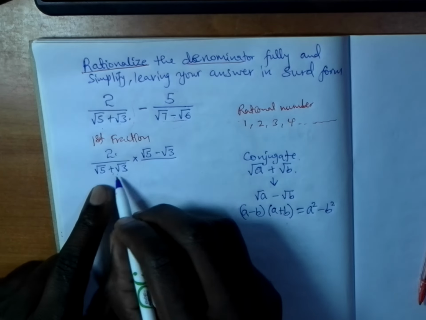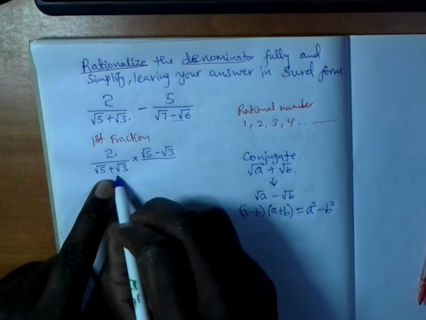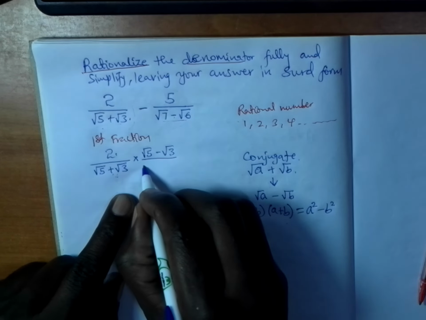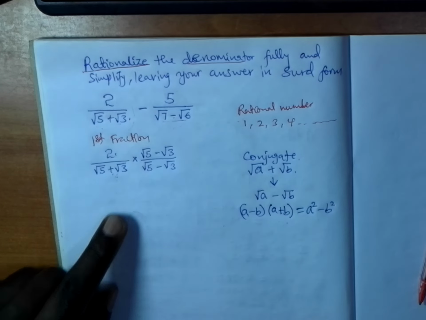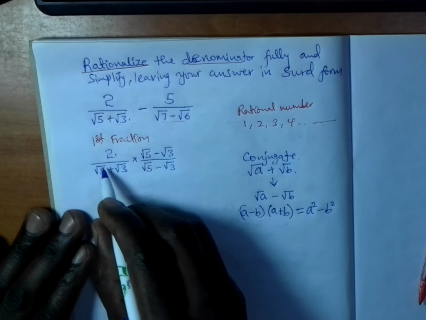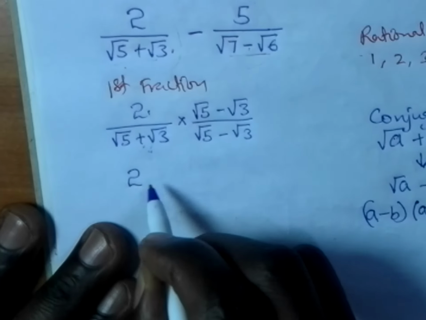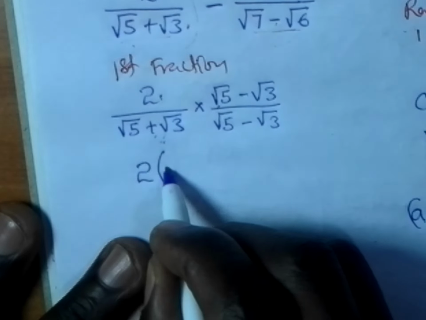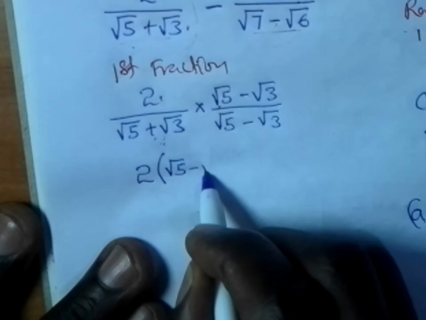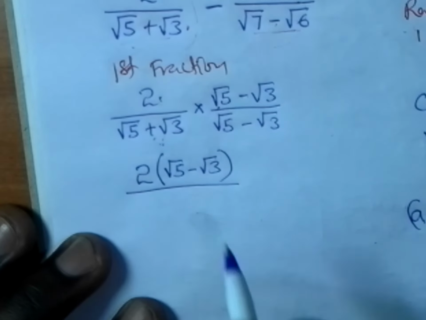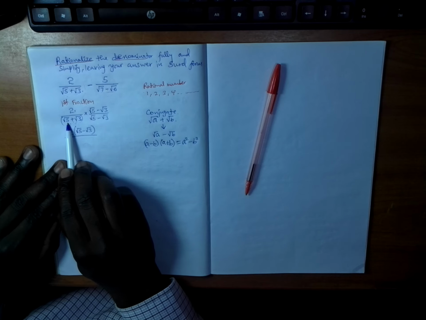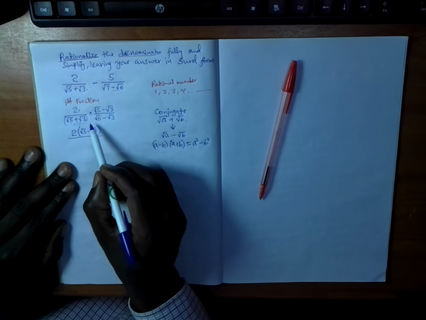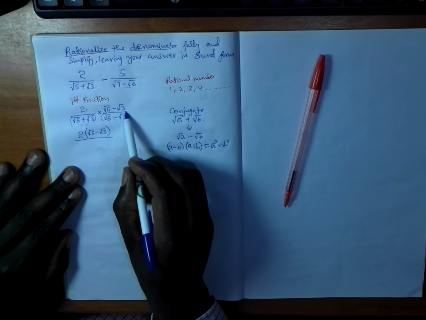All over the conjugate, we multiply the denominator by the conjugate again, root 5 minus root 3. So for this, we end up getting 2 bracket root 5 minus root 3 all over root 5 plus root 3 multiplied by root 5 minus root 3.